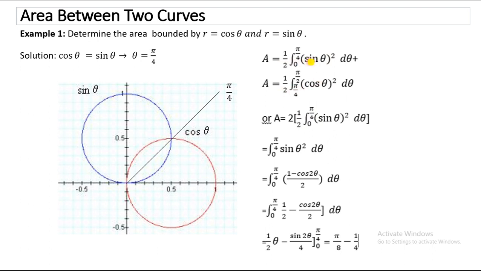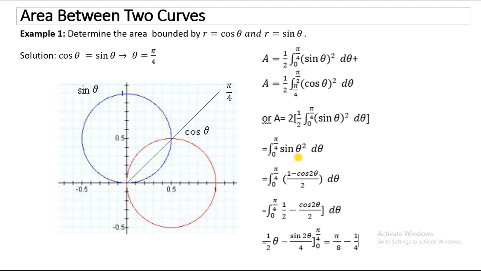Therefore, I want to find one area and multiply by 2. Okay, 2 multiplied by half, integration from 0 until pi over 4 of sine squared theta.